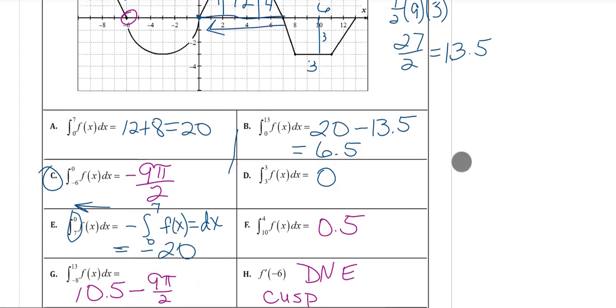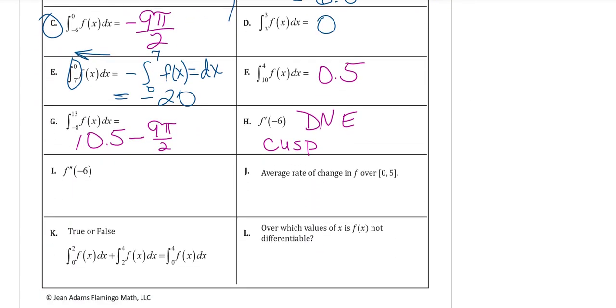So let's just summarize that here. Knowing that f prime is constant because it's a linear function, f double prime is 0, since the derivative of a constant is 0.